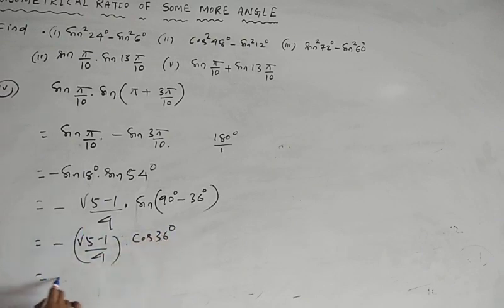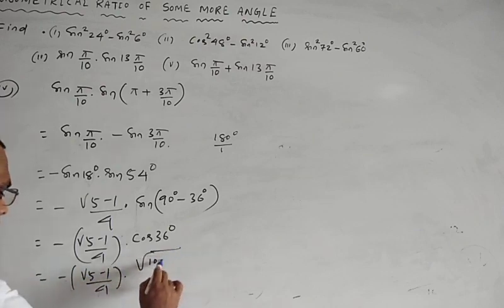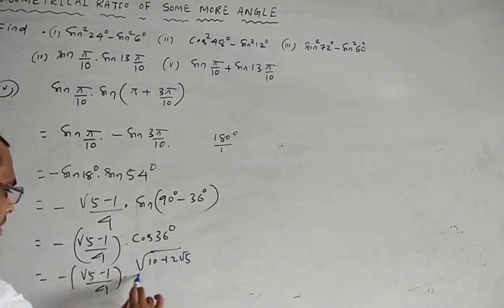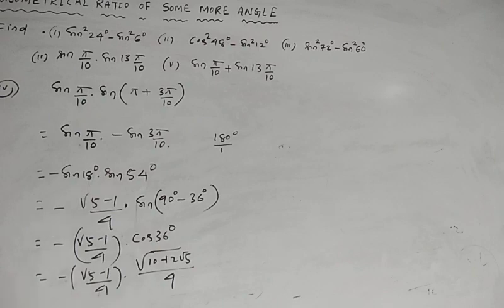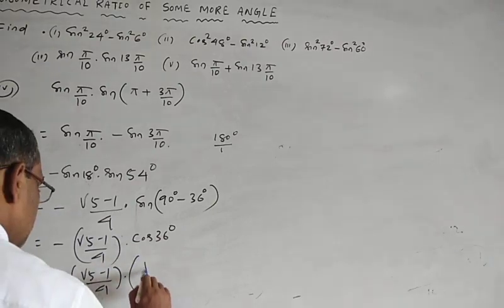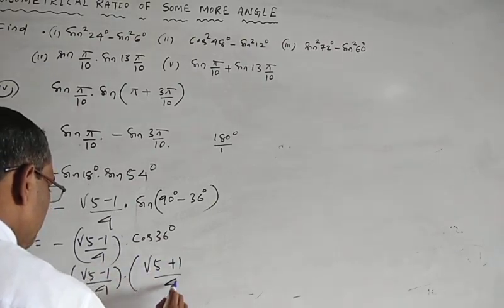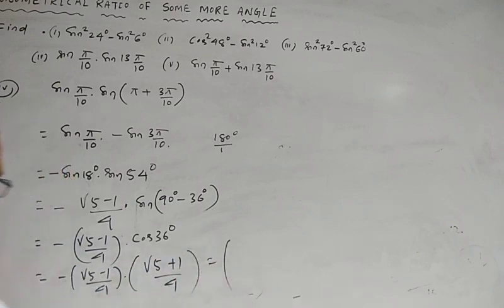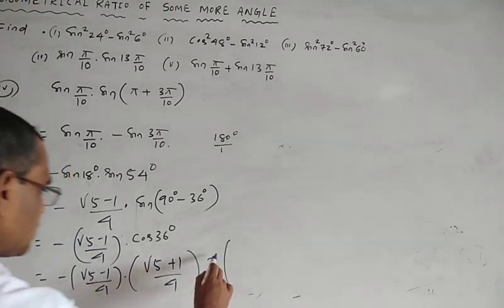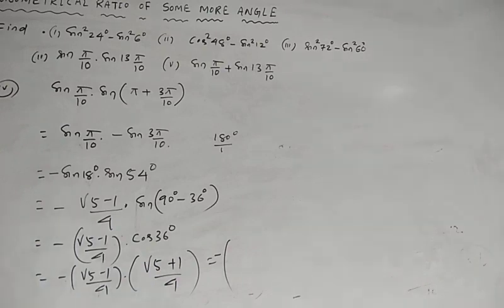Cos 36 equals root 5 plus 1 by 4, and this is minus of (a minus b) into (a plus b), which is a square minus b square.